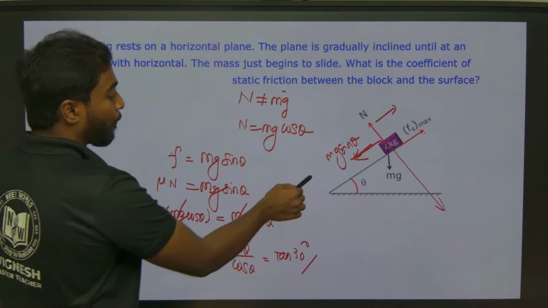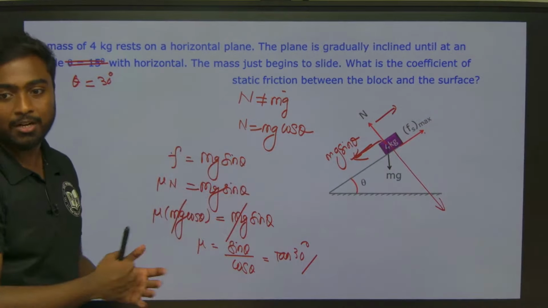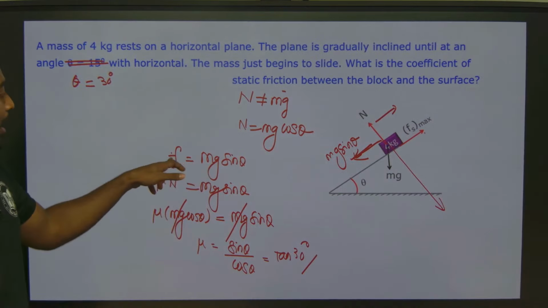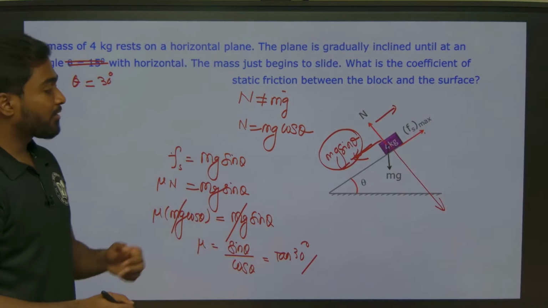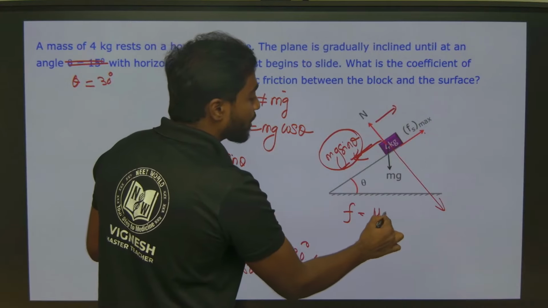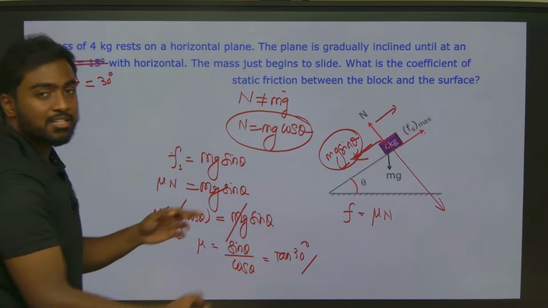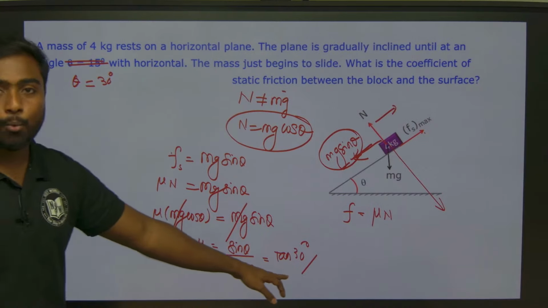Whatever force I am applying will be equal to the maximum static friction. So Fs will be equal to mg sin theta, the force which is helping me to go down. And F is nothing but mu into n, where n is mg cos theta. So I have substituted the value here and we got the mu value.